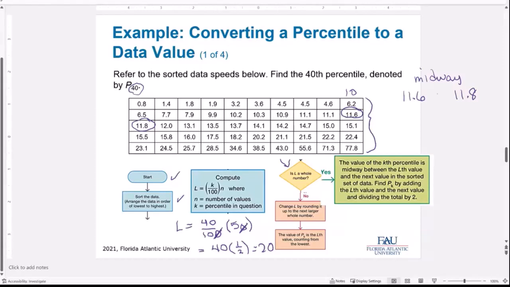I add them together and I divide by the number of numbers that I have, which is exactly what this says. It says find P sub k by adding the L value, which is 11.6, and the next value, which is 11.8, and dividing the total by 2. My value that I'm looking for is 11.7.